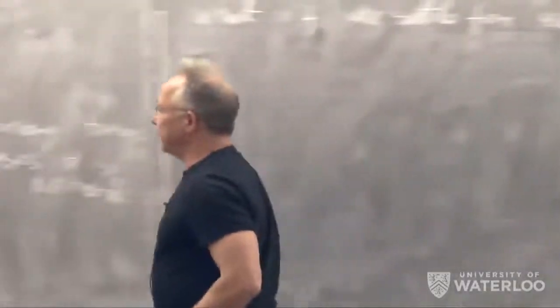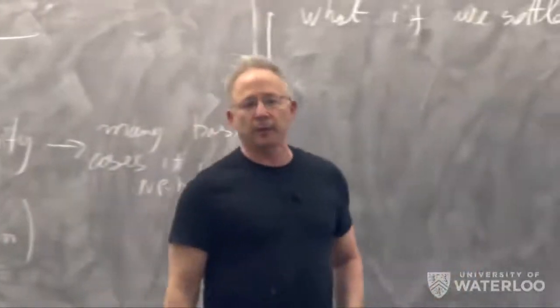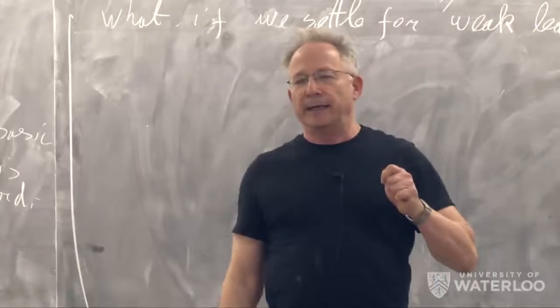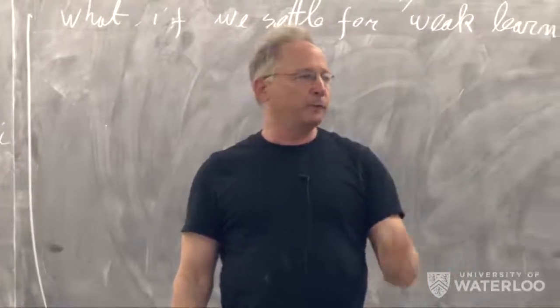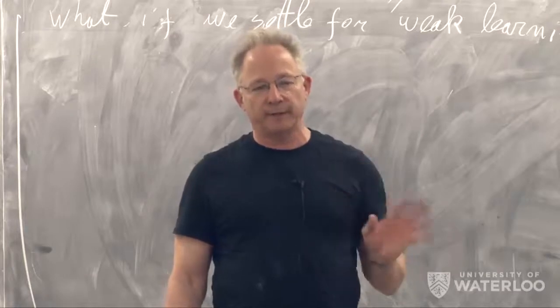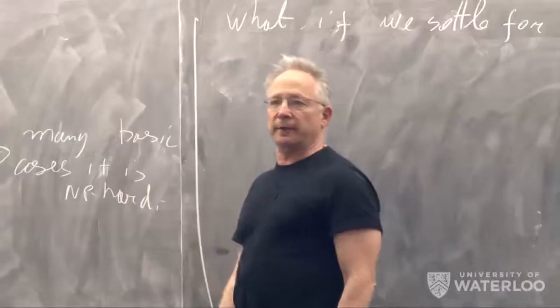I'm going to delete this epsilon parameter, the dependence on epsilon for my function. All I want is an algorithm that will give me advantage over random guessing. I'll be happy if I do better than random guessing. Will it allow me to overcome the computational complexity?